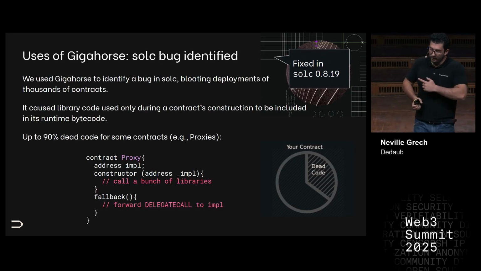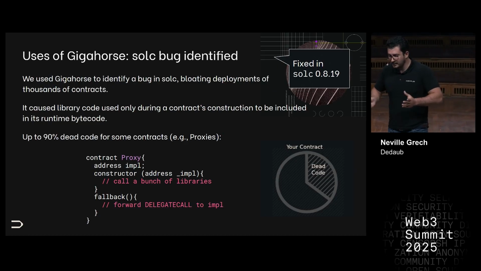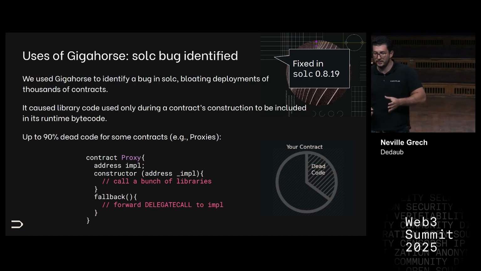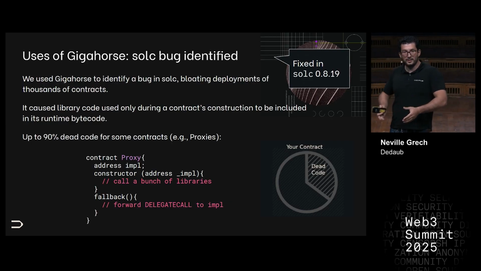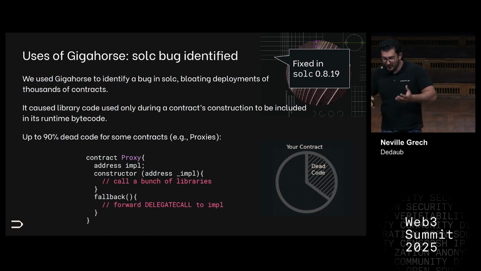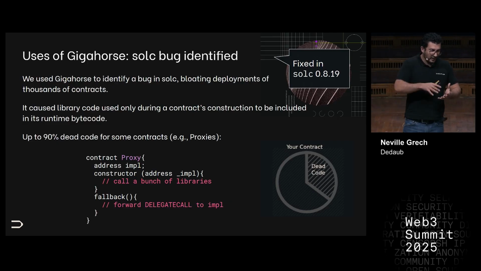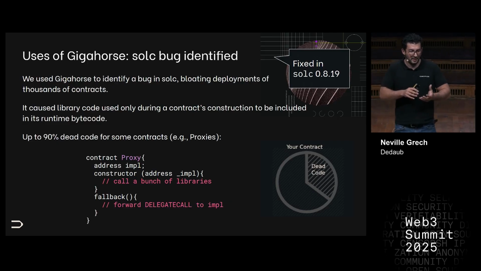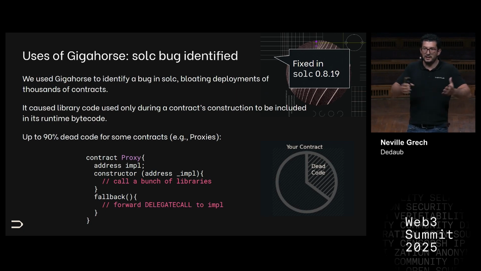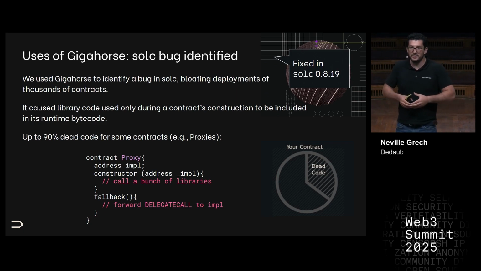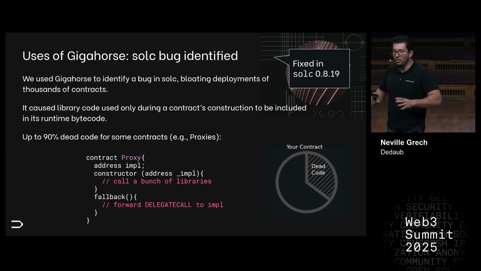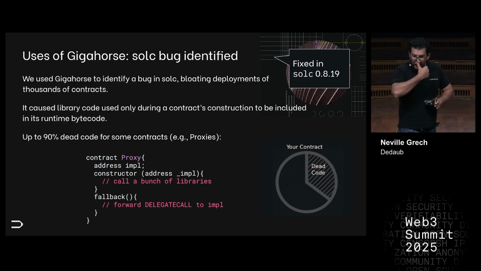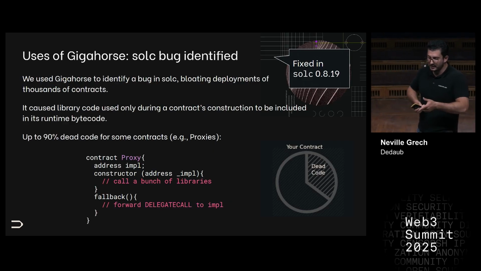All right. We've also identified, as I said before, vulnerabilities in the Solidity compiler. Obviously, decompilation is very useful here because we were decompiling smart contracts and finding that 90% of their code was basically dead, meaning that there was no way you could possibly reach that code. And as I mentioned before, code that is in the constructor doesn't need to be in the runtime bytecode.